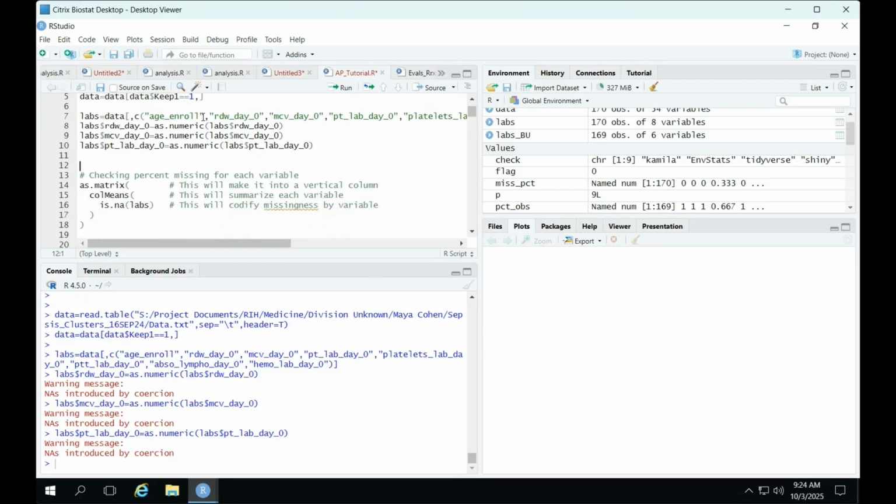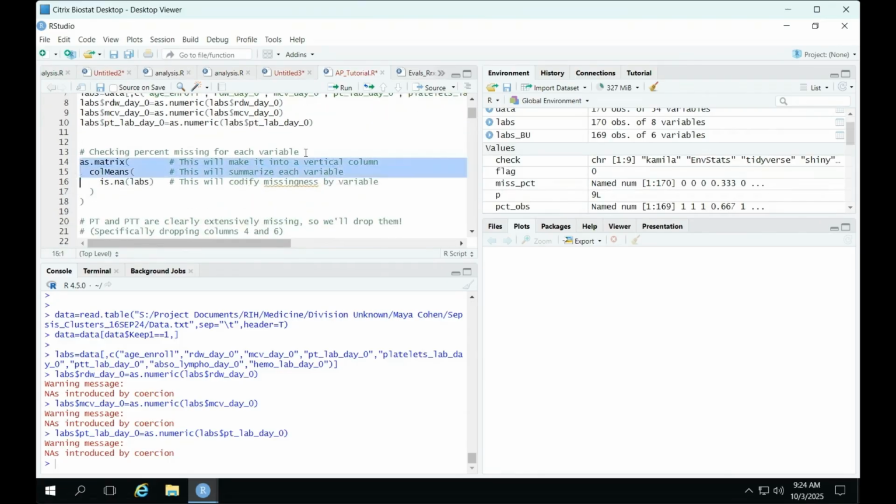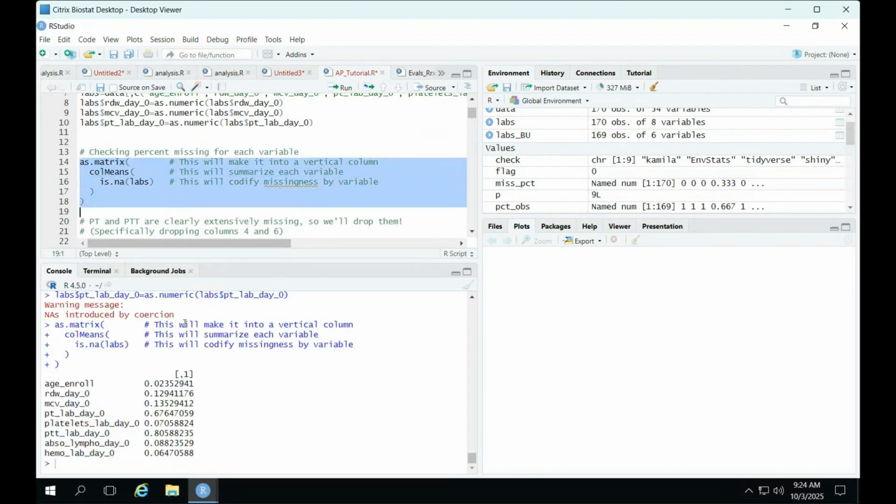When we get the data, lab data are a little bit complicated. So this function will create a table of how much data are missing for each variable. For age, only 2% are missing. 0.02 stands for 2%. That's not surprising because most people have age somewhere in their chart.